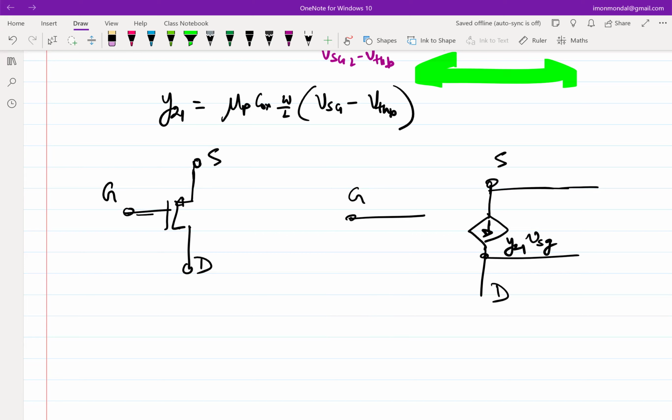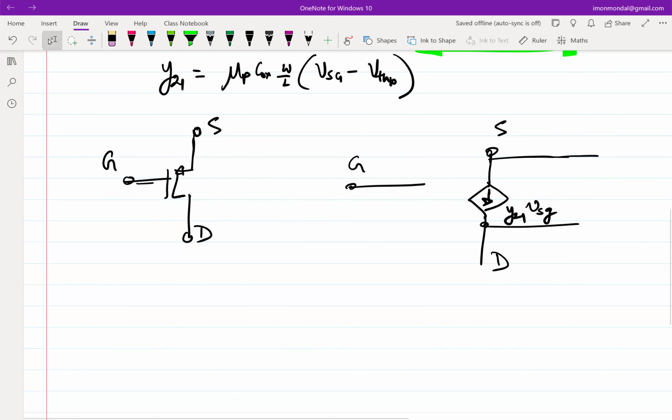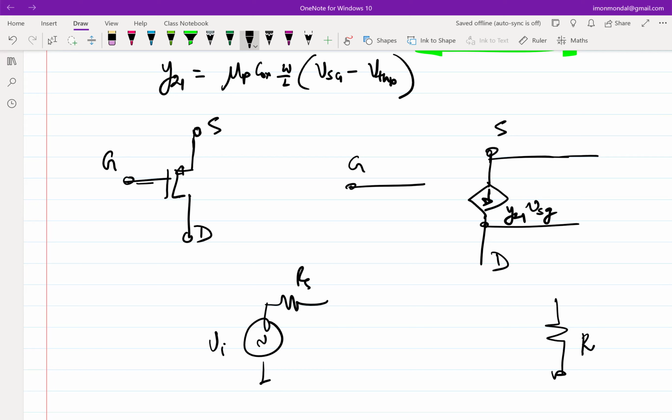Okay, fine. So if this is an incremental model, and let's assume we concentrate on the incremental model only, we want to make an amplifier out of it. So when we have an amplifier, we have a source and we have a load, right? So where do you think I should connect the source first?